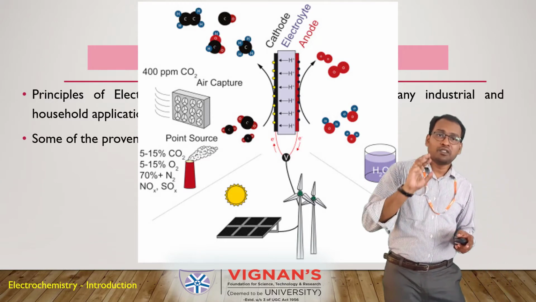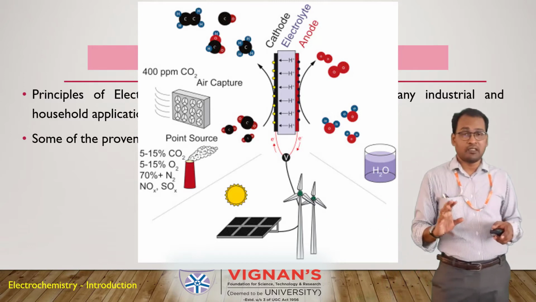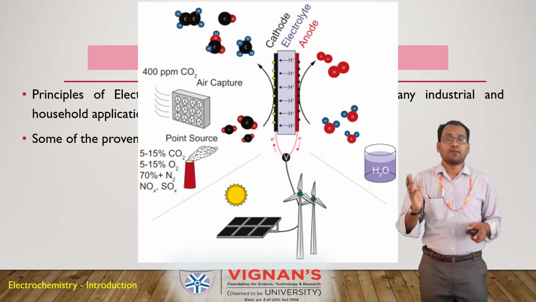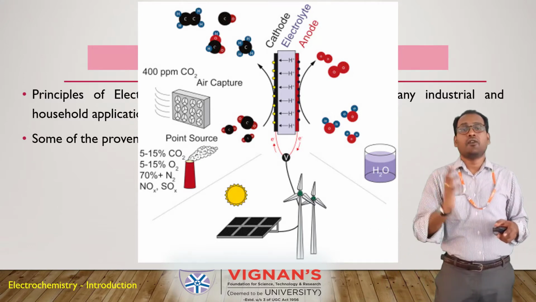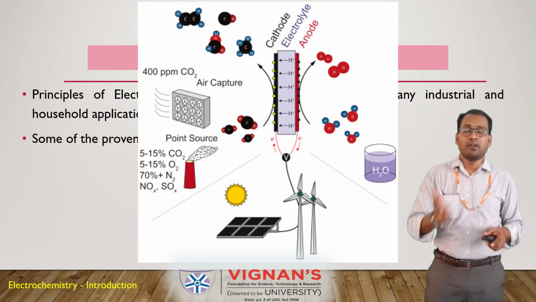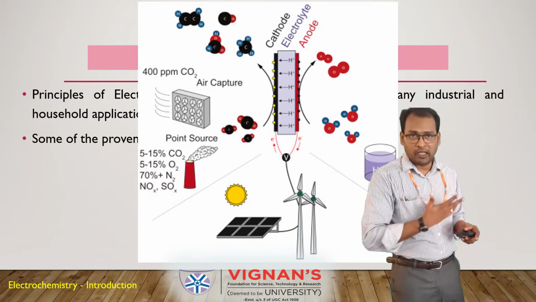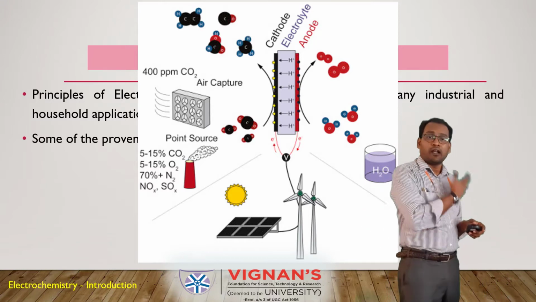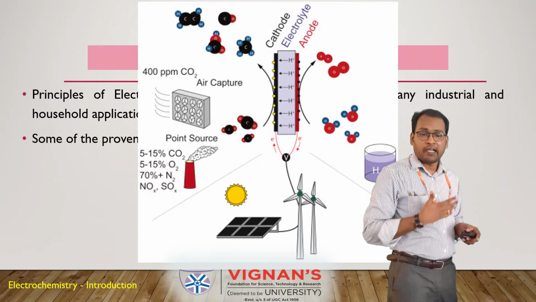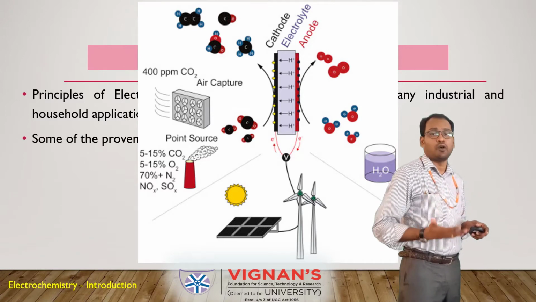Okay, so I will show you some of the applications of this electrochemistry, both in household as well as in industrial processes, and then we will go on to the following sections. Right. So this clip will show you some of the applications where electrochemistry is used to generate electricity, like from solar panels.